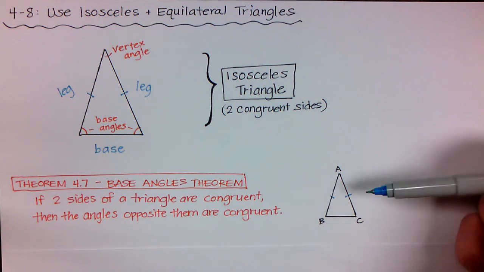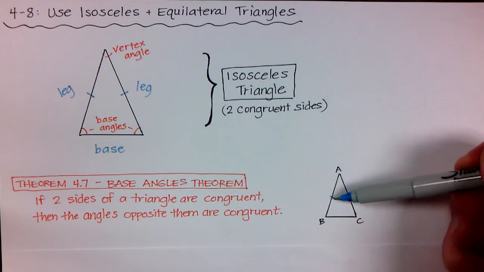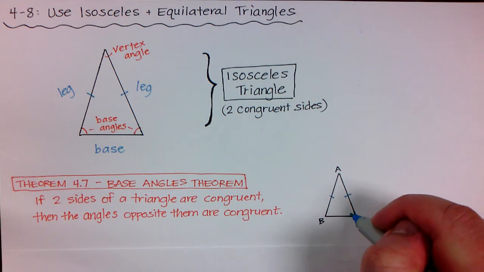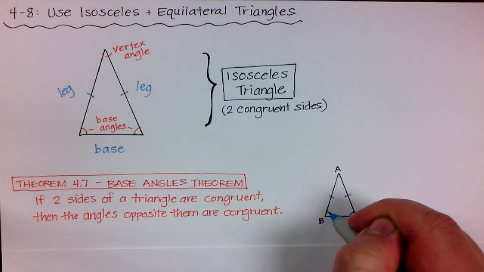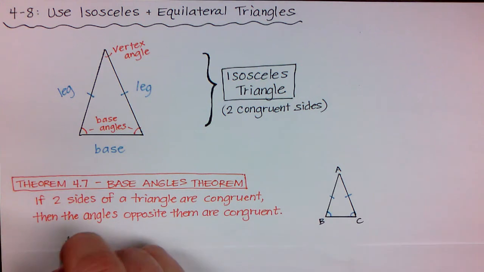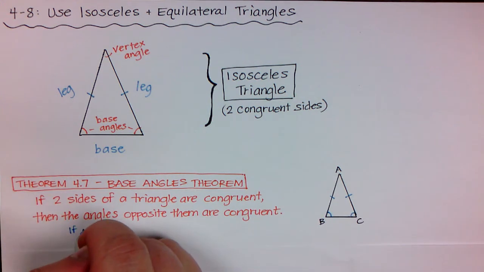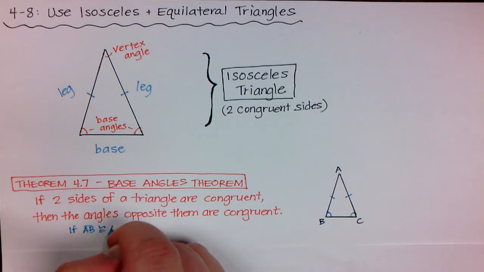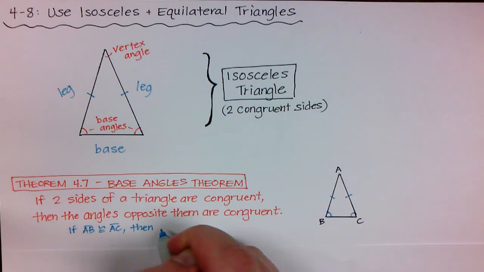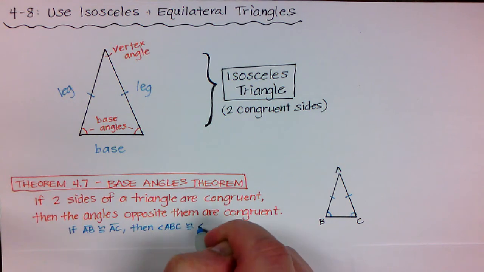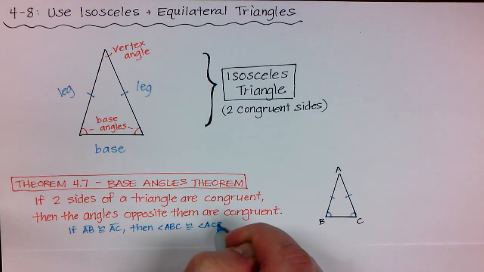What I mean by opposite is if I start with AB, this side, the angle opposite would be this one down here at the bottom, and the angle that's opposite AC would be this one down here at the bottom. So I could write this out. If AB is congruent to AC, then I can conclude that the opposite angles are congruent. So that would be angle ABC would be congruent to angle ACB.